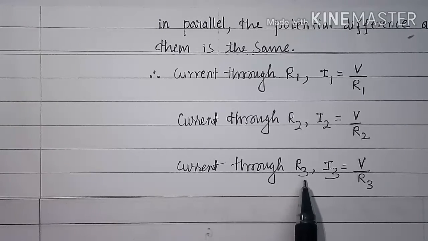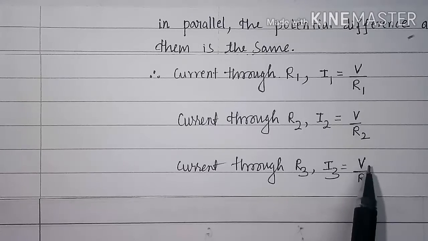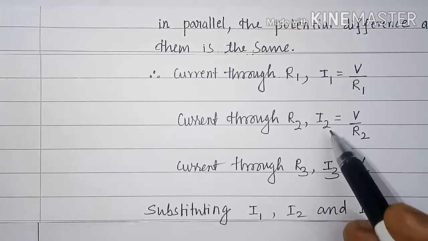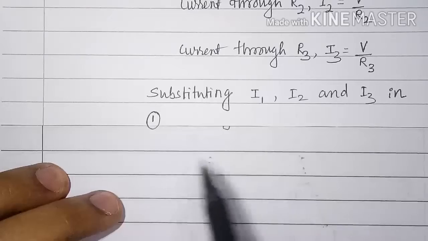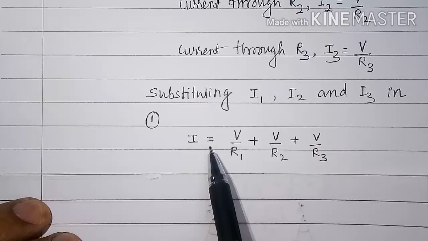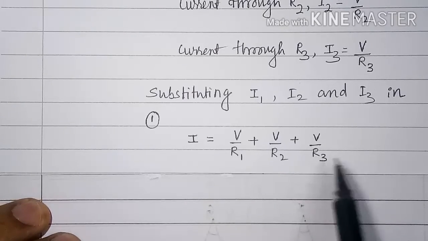Current through resistor R3, that is I3 is equal to V by R3. Substituting I1, I2 and I3 in equation 1, we get I is equal to V by R1 plus V by R2 plus V by R3.